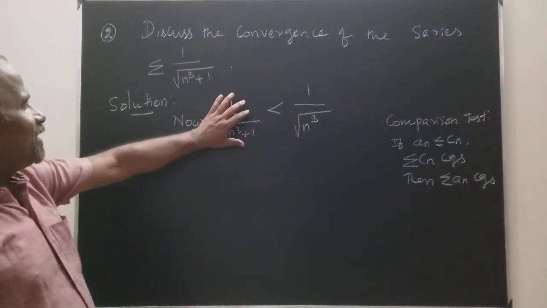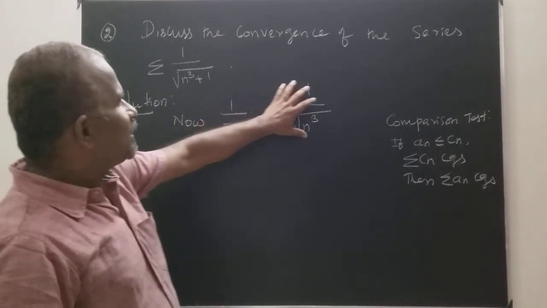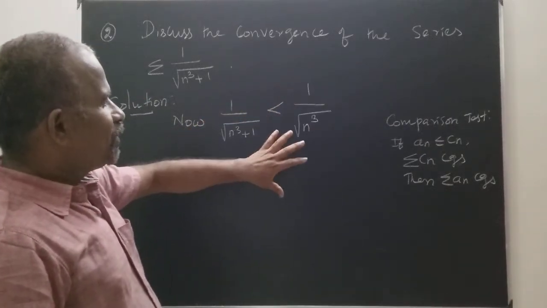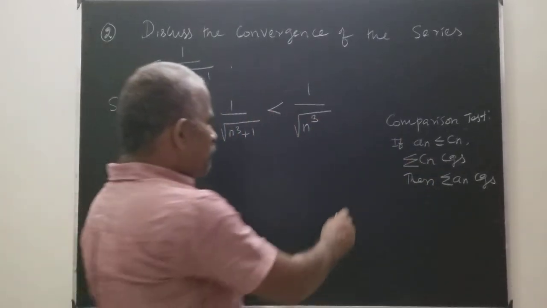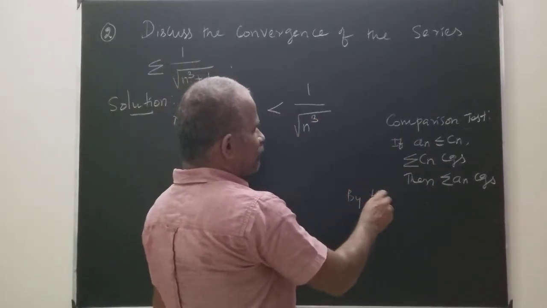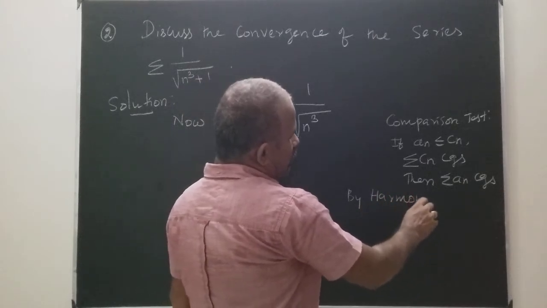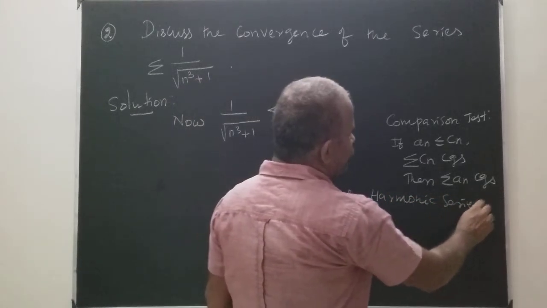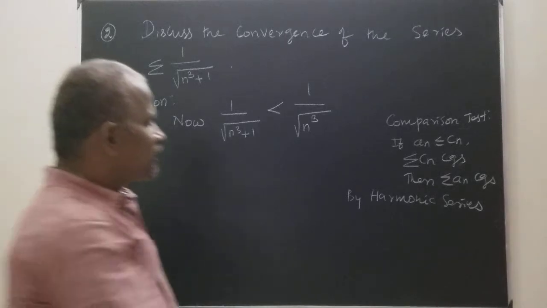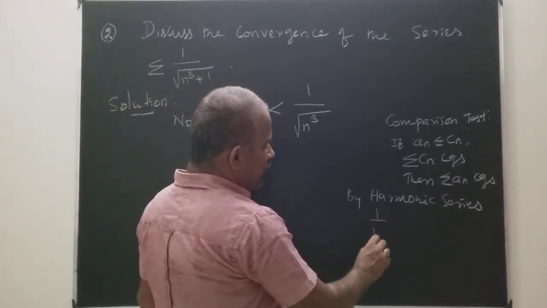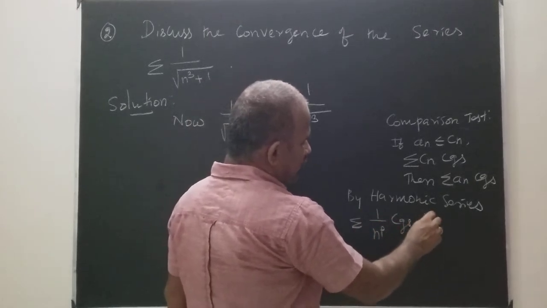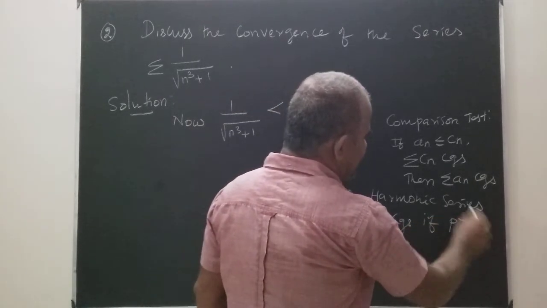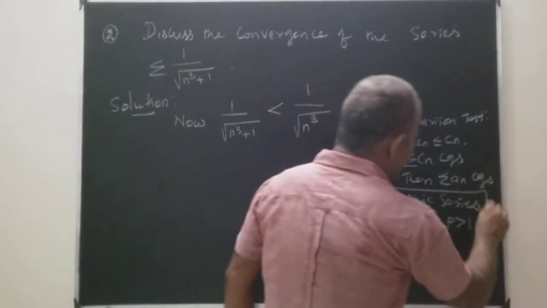So you consider this as an, and this as cn, and if sigma cn converges by the harmonic series, sigma 1 by n power p converges if p is greater than 1.